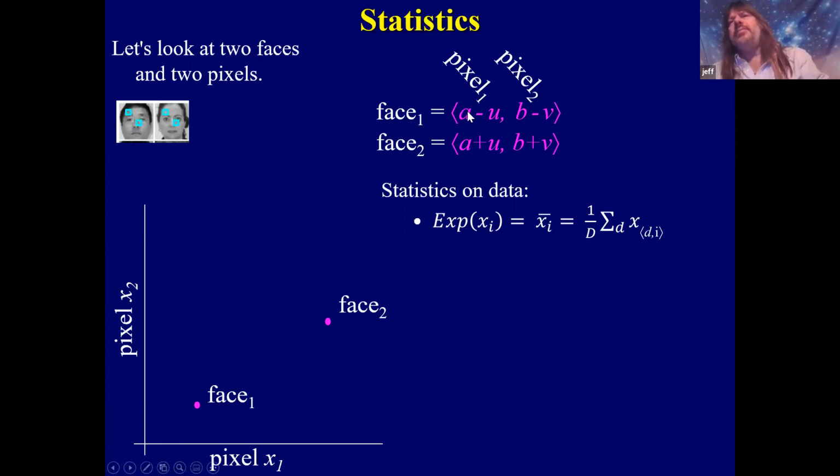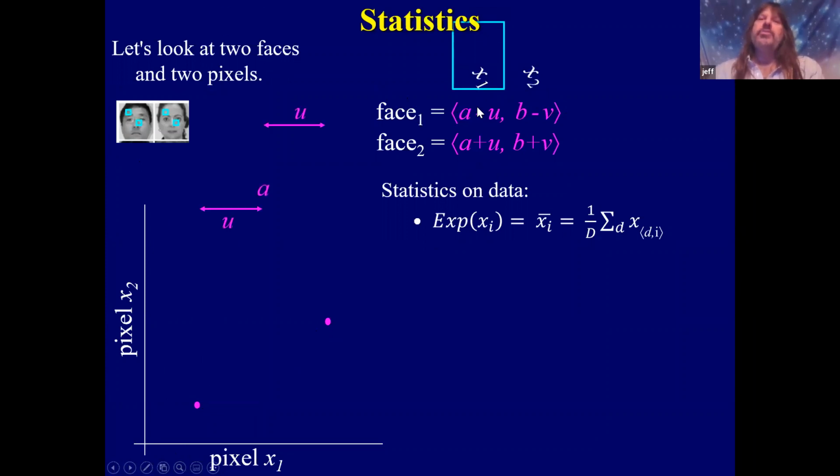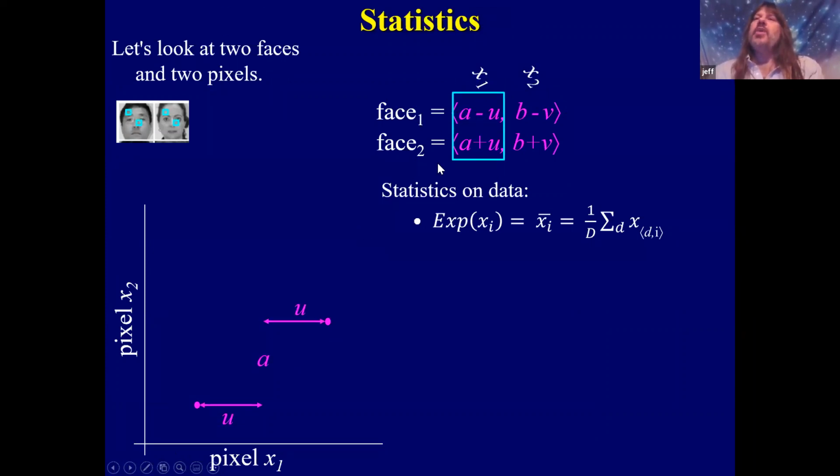Here, face 1 has the brightness of pixel 1 and the brightness of pixel 2. You might say, why did I put such weird numbers in there? But you'll see why these weird numbers come up. We want to take the average of the brightness of the first pixel.